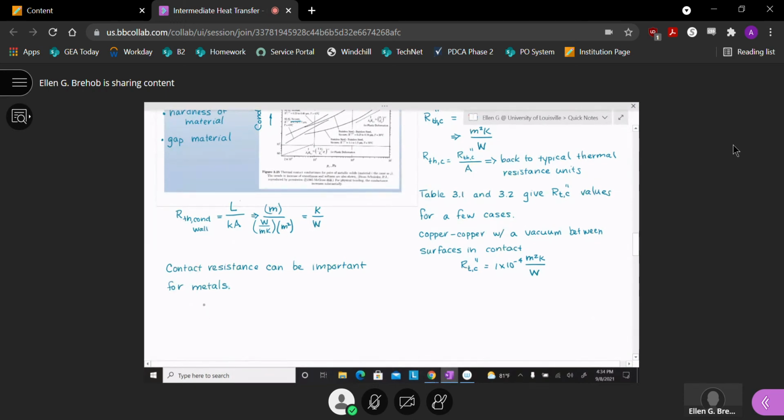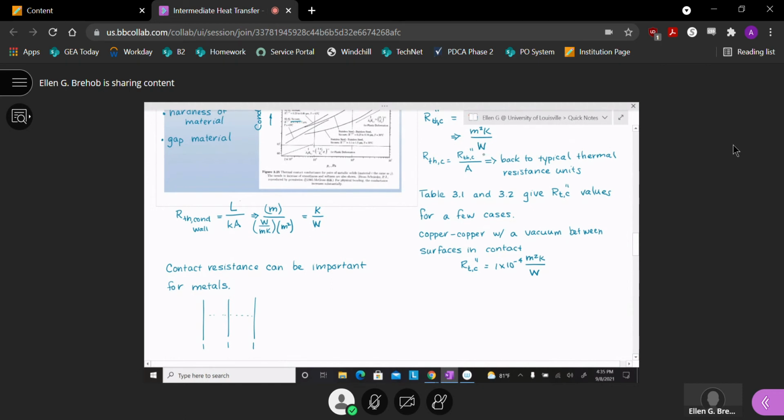If I had two metals put together, and it's been a while since we talked about this, but metals have really high thermal conductivity. So they're really low resistance. I could have a slab of copper, really low resistance, a slab of aluminum, pretty low resistance. I get very small thermal resistances for conduction through these materials.